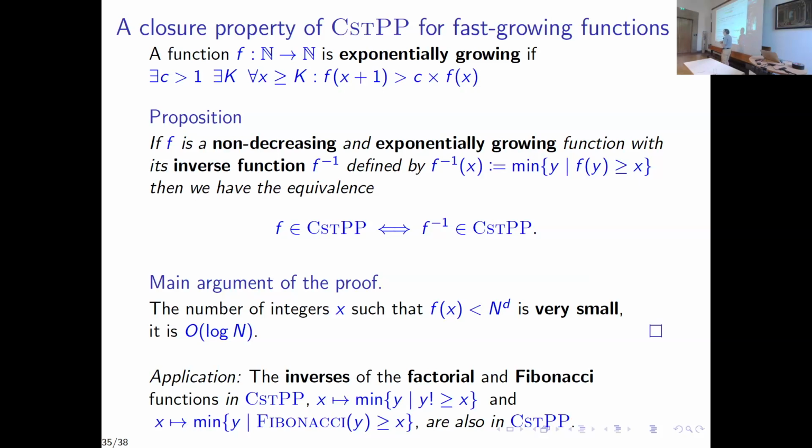It's a kind of inverse, okay? The main argument: the number of x such that the function after x is very small. And we can manage with data structures and so on, some tricks to do things. Okay?